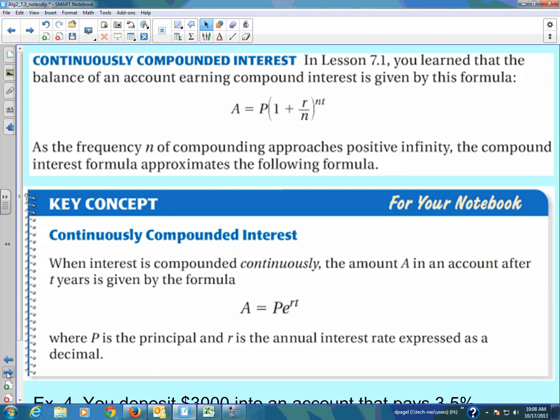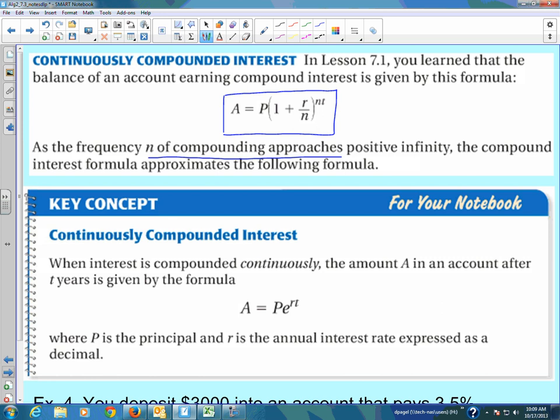This was the equation we had for compounding periods: some amount A is equal to a principal P, which is our initial investment, times the quantity 1 plus r over n, to the nt power, where n represents the number of compounding periods. If I was compounding semi-annually, that's 2. Monthly, n would be 12. Quarterly, n would be 4. Daily, n would be 365.